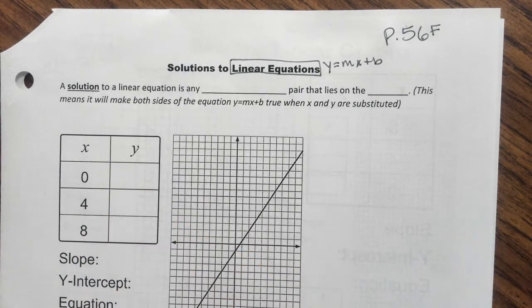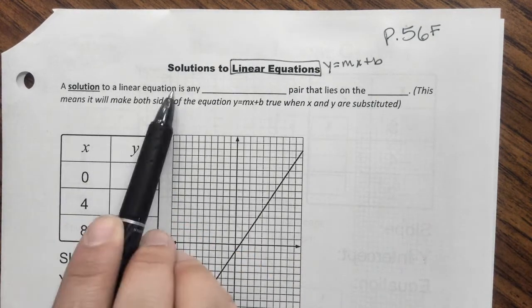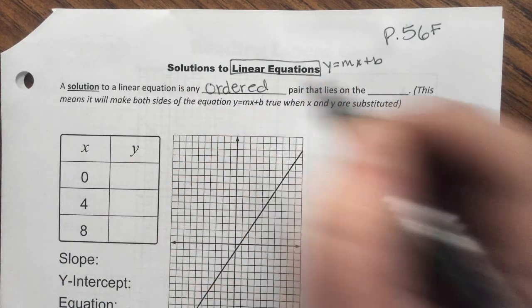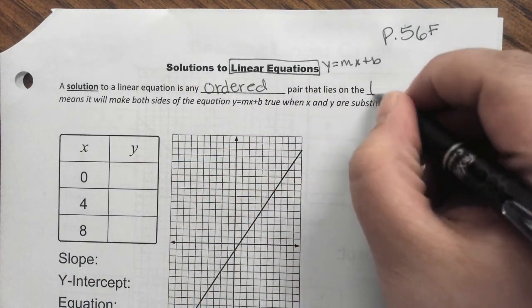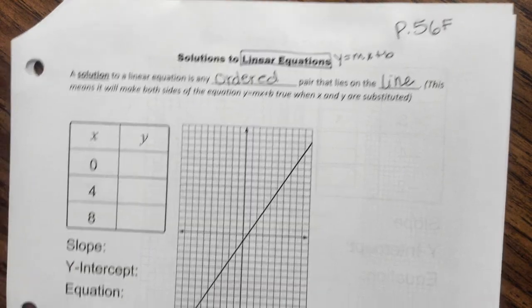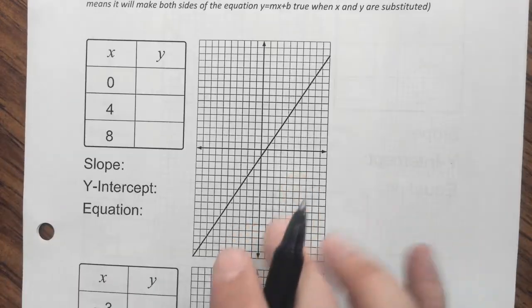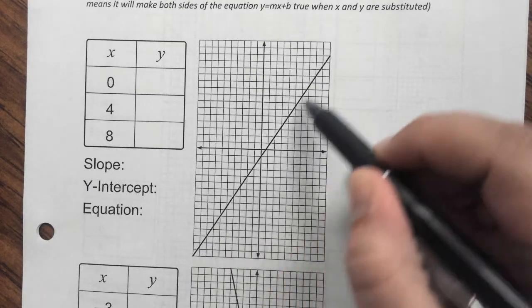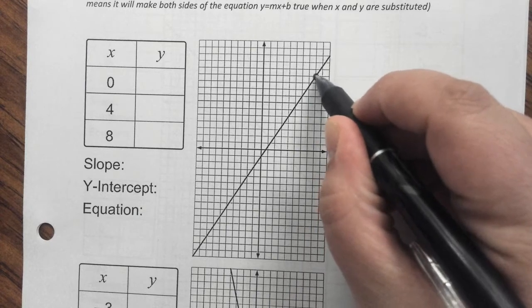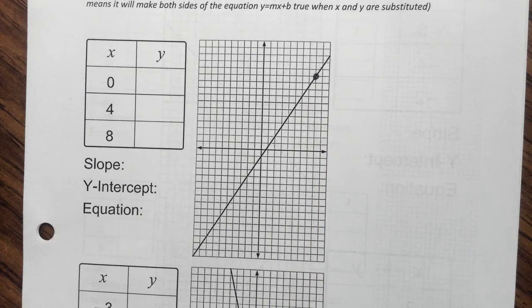Now, a solution to a linear equation is any ordered pair that lies on the line. So if you're looking at this graph here, this is the line. Something like this would be a solution.